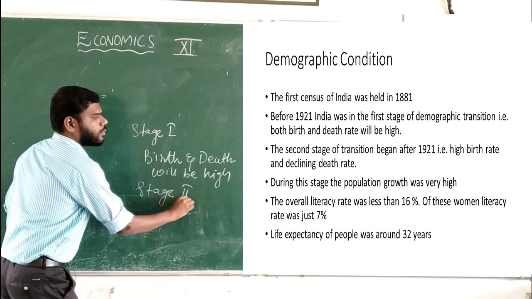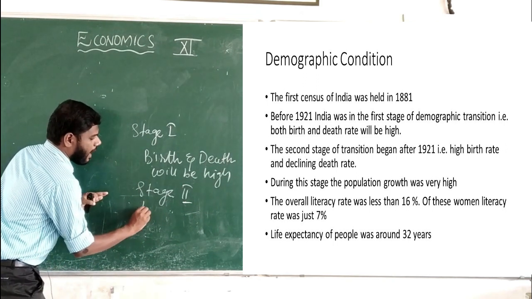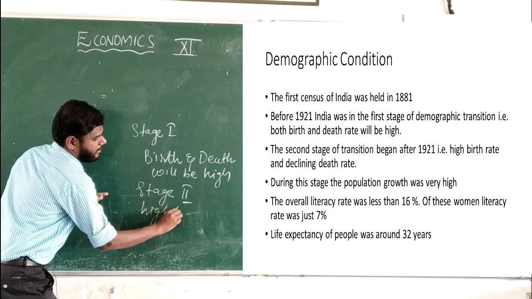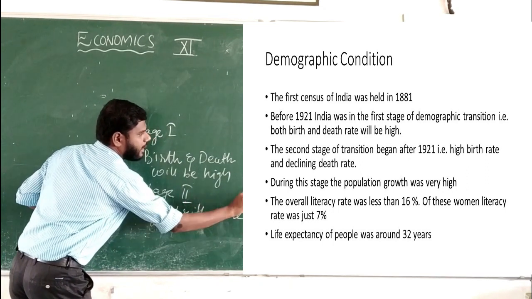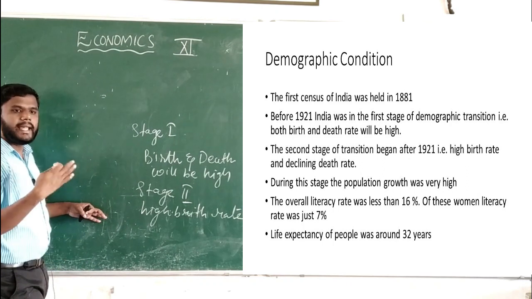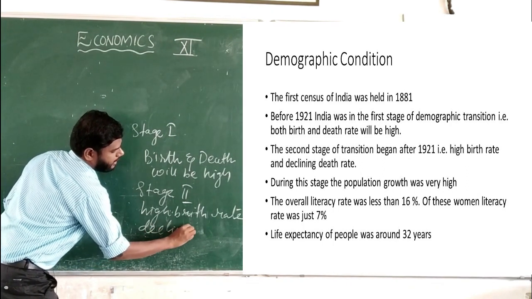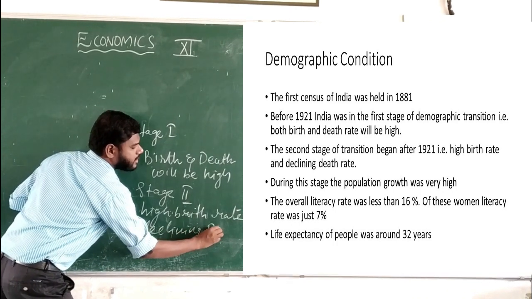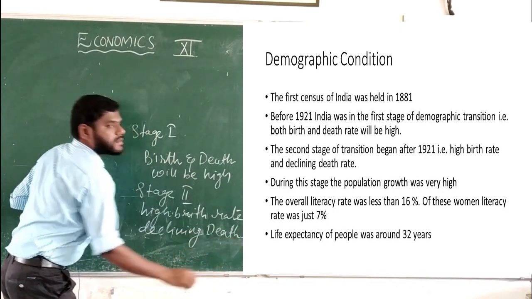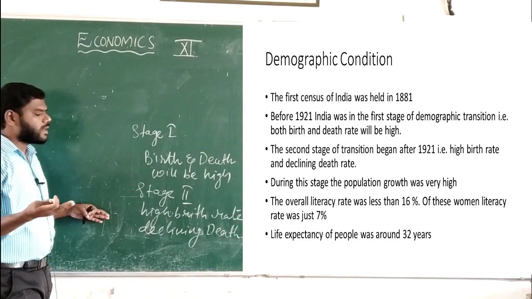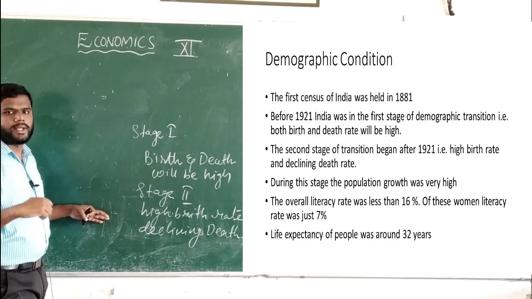Stage 2: here in this stage, there is a high birth rate and a declining death rate. Second stage എങ്ങനെയായിരിക്കും? ഹൈ ബർത്ത് റേറ്റും ജനന നിരക്ക് കൂടുതലും അതേപോലെ തന്നെ ഡെത്ത് റേറ്റ് മരണനിരക്ക് കുറഞ്ഞ് വരികയും ചെയ്യും.